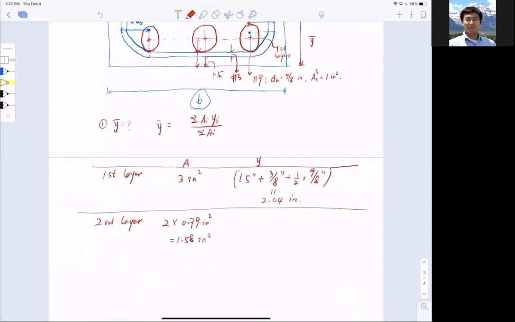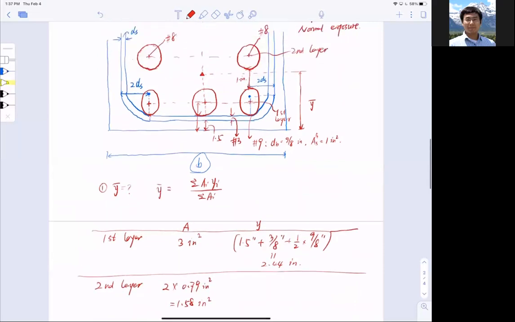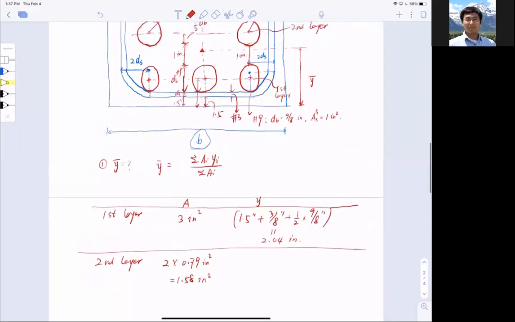Now the distance between the center of number 8 bars to the bottom concrete. Essentially it is half of dB at number 8 plus clear spacing of 1 inch, plus 1 dB of number 9, plus ds, plus 1.5. So it's quite a lengthy calculation.